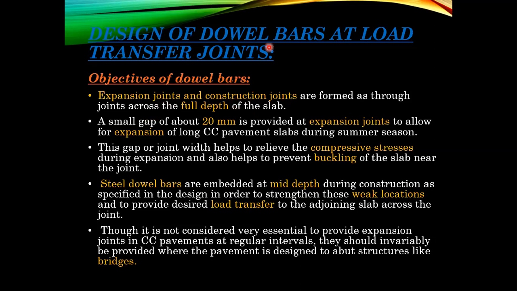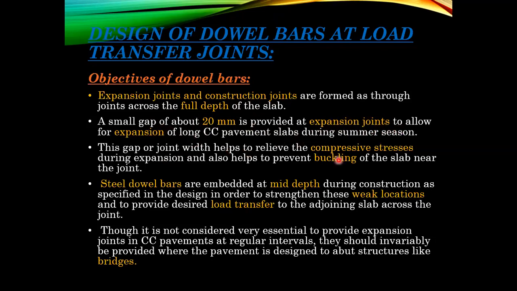Suppose 200 mm is the thickness of the slab. You provide it throughout the entire length, with a small gap between two slabs. That gap will be about 20 mm, provided at the expansion joints to allow for the expansion.